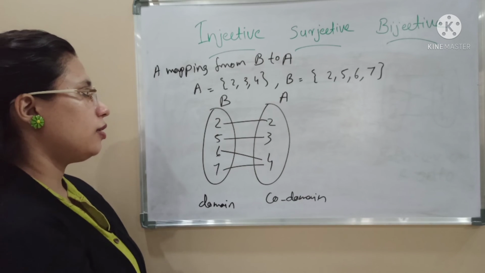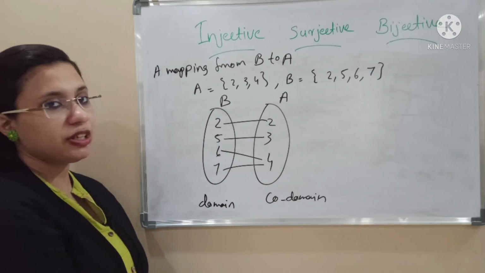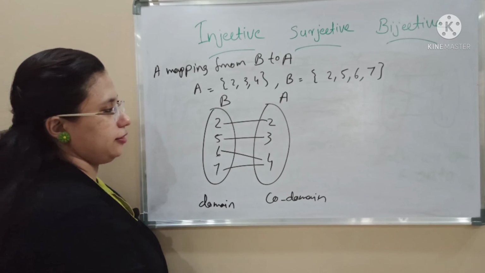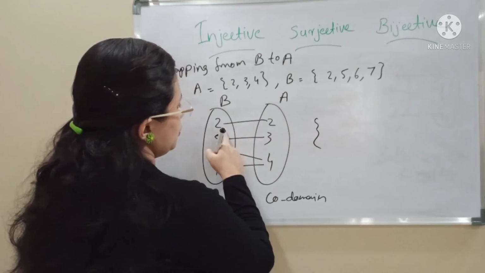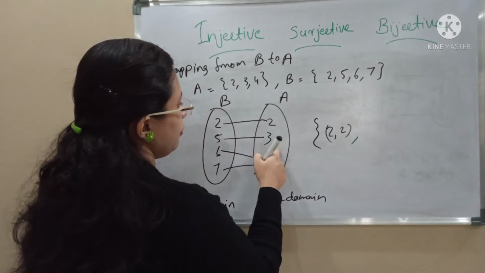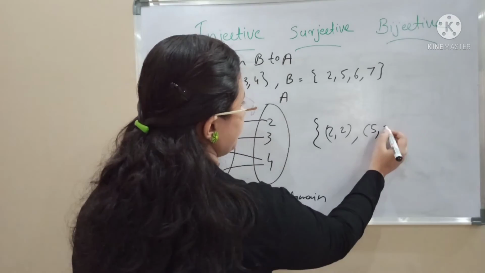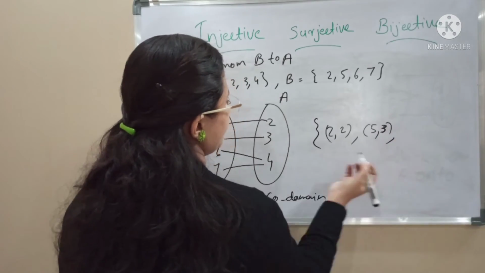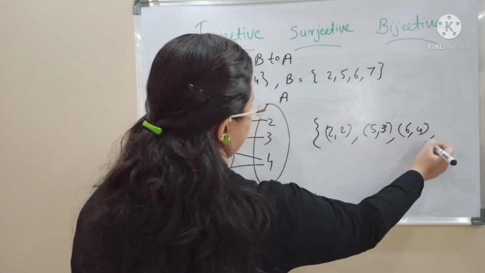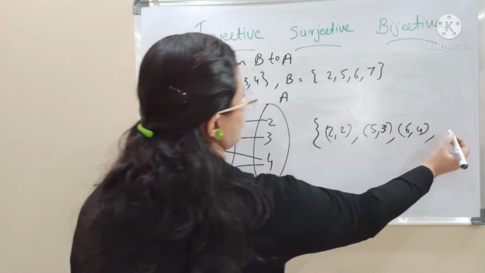Here, if we relate B with A, what will be the set we obtain? 2 to 2, then 5 to 3, 6, 7 to 7, 4.